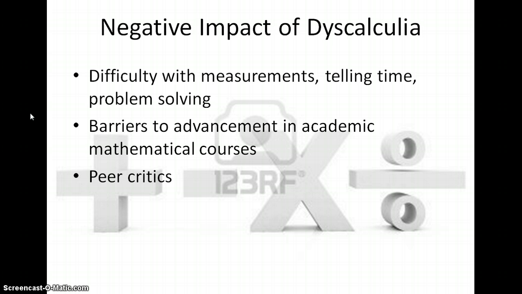Some difficulty in everyday life that can come from dyscalculia can be anywhere from having difficulty with measurements, preparing food, or creating something, carpentry, anything, telling time, being on time for things, knowing your time constraints for different projects.